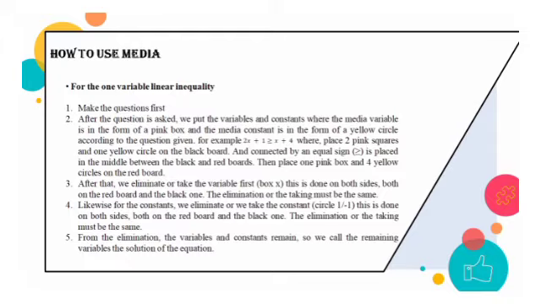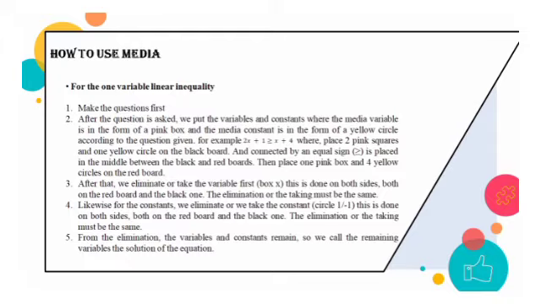For example, 2x plus 1 bigger than or equal to x plus 4: place two pink squares and one yellow circle on the blackboard and connect it by an inequality sign placed in the middle between the black and red board. Then place one pink box and four yellow circles on the red board.